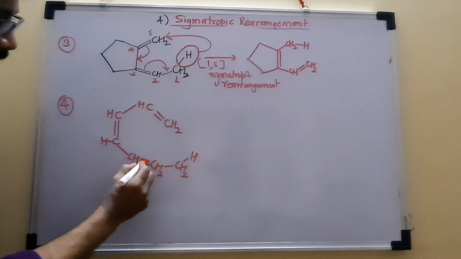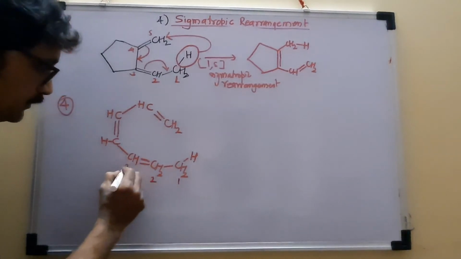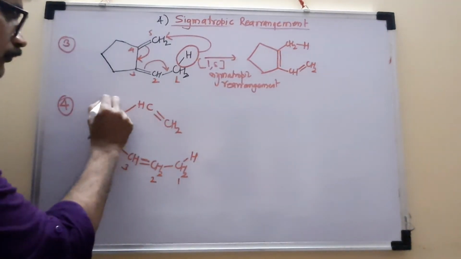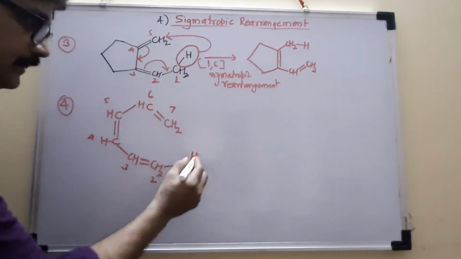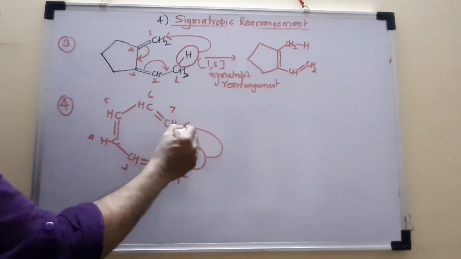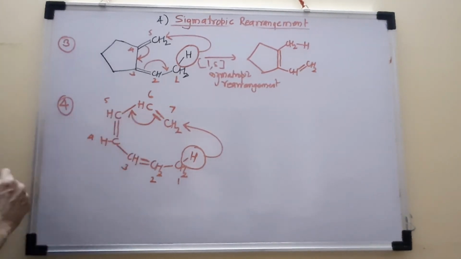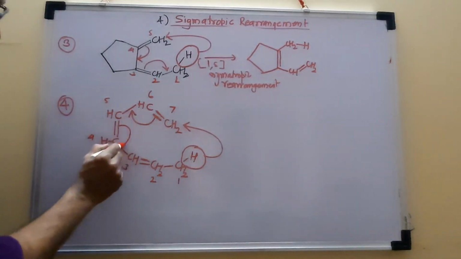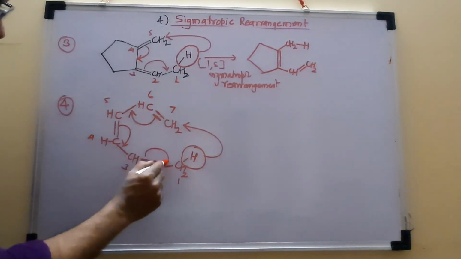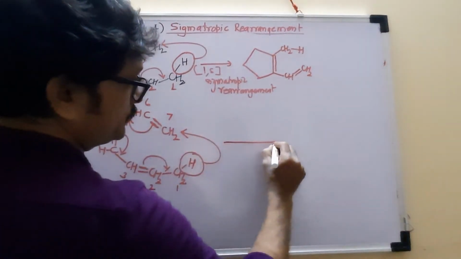This is actually a very big system. This is carbon number 1, 2, 3, 4, 5, 6 and 7. If I consider this terminal hydrogen, I have to shift it to the final carbon, and the double bond present here I have to move to the very next single bond, and similarly to the next, just like what we do while writing resonance.